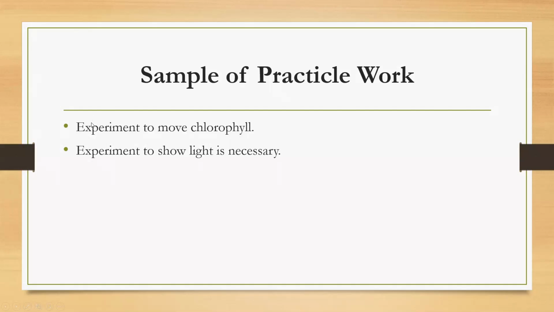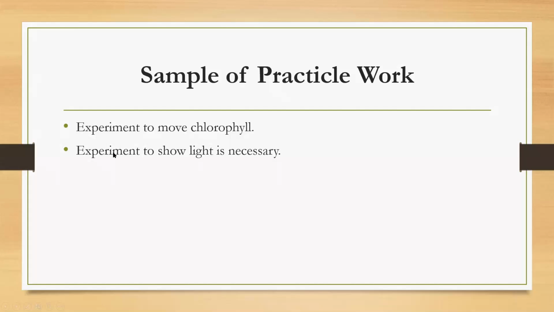If you don't know about chlorophyll, it's like a green liquid, and it is one of the important things in plants. Chlorophyll helps plants to do photosynthesis, so if there is no chlorophyll, of course the plant cannot do photosynthesis.